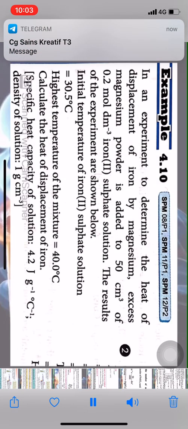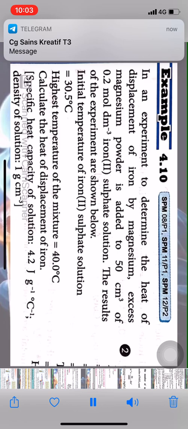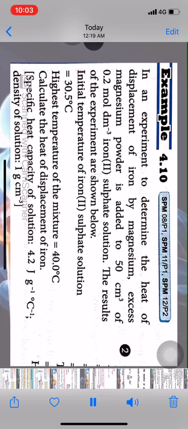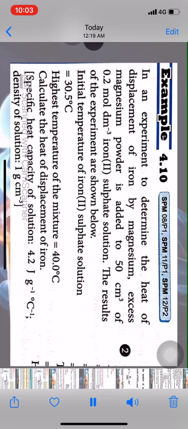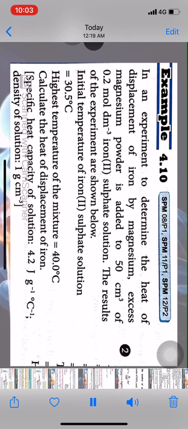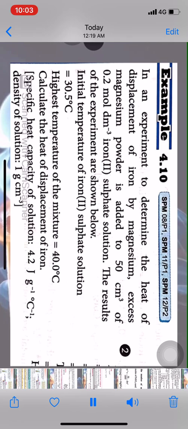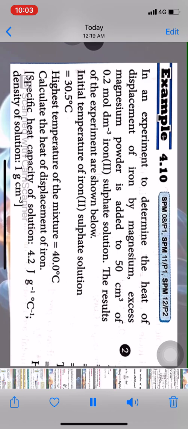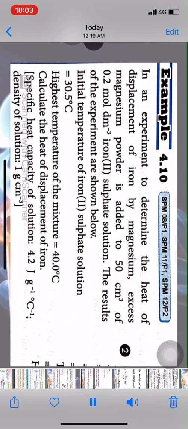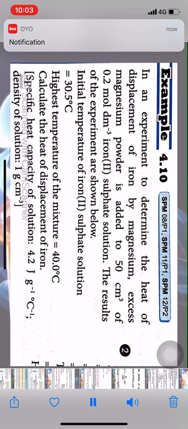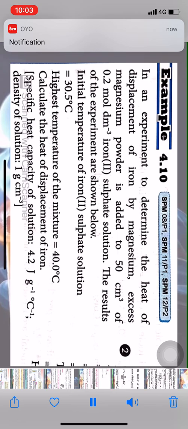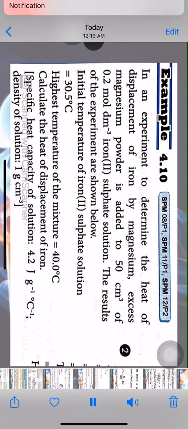For example 4.10. In an experiment to determine the heat of displacement of iron by magnesium, excess magnesium powder is added to 50 cm3 of 0.2 mol dm-3 iron sulfate solution. The results of the experiment are shown below.